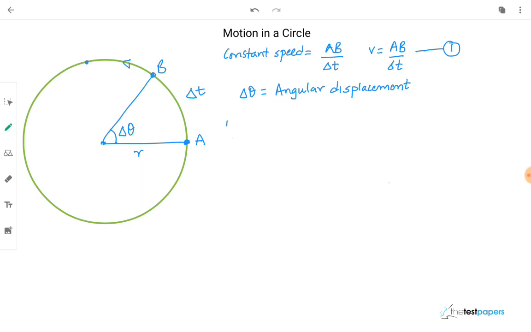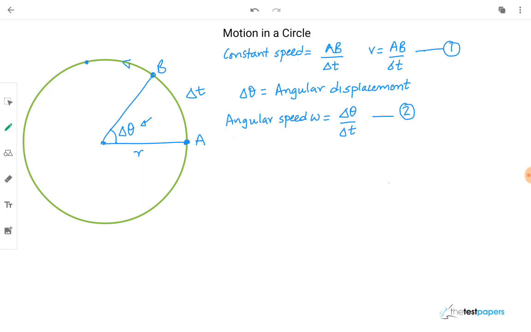So angular speed omega is equal to the rate of change of angular displacement. Now our angular displacement in this case is delta theta, as the particle moves from A to B, and this distance we know has been covered in time delta t seconds. Let's call this equation 2.